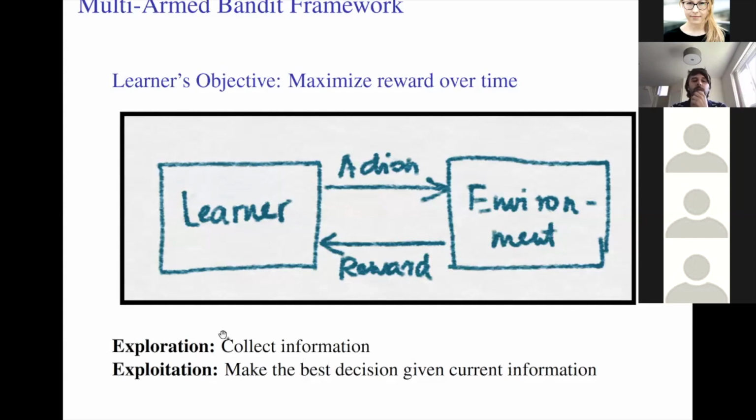Typically in these settings, you're interested in making money as you learn from the environment. So it's not a pure exploration setting where you can wander around in an environment and collect information without cost. You also want to make money while learning from the environment.